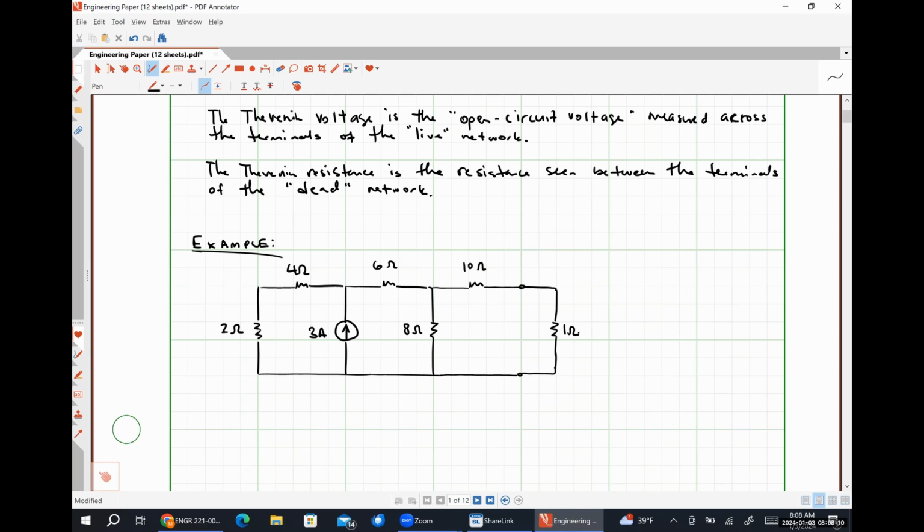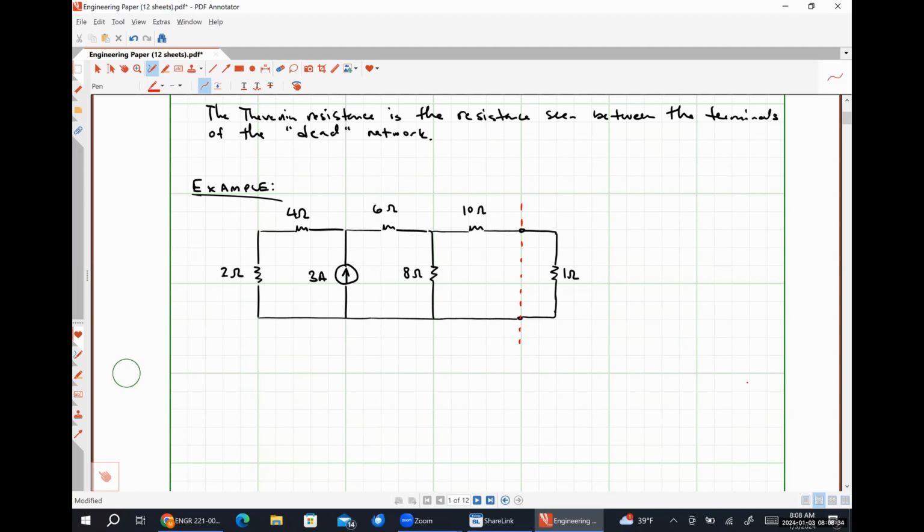And so our goal is to find the Thevenin equivalent circuit with respect to that 1 ohm resistor. So effectively, we're going to find the Thevenin equivalent circuit of everything to the left of those terminals that I drew. So this is going to consist of 2 steps. We need to find our Thevenin voltage, and then we need to find our Thevenin resistance.